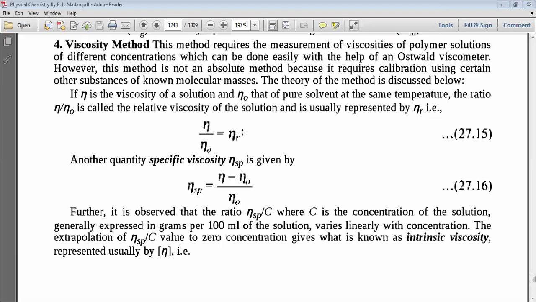Another quantity, specific viscosity eta sp, is given by eta sp equal to (eta minus eta 0) by eta 0.